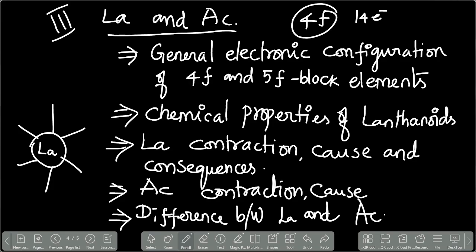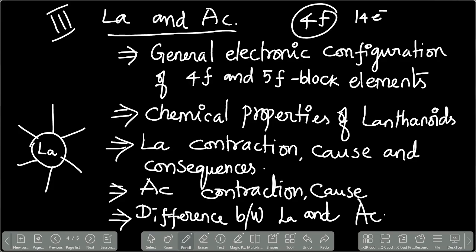And the difference between lanthanides and actinides. You can write, these are called 4f block elements, they are called 5f block elements. You can write the general electronic configuration for lanthanides and actinides. Lanthanides form lanthanide contraction, actinides form actinide contraction.